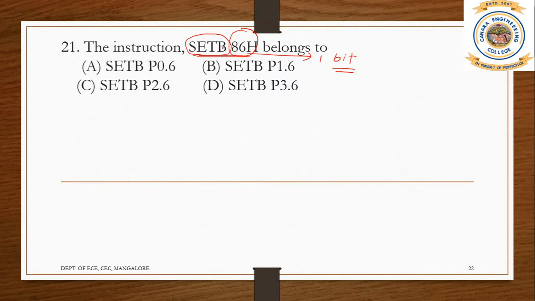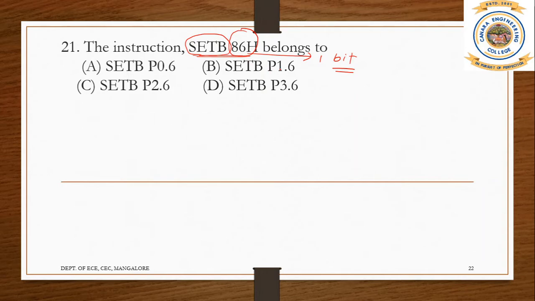Why? Because set bit can set only 1 bit. So it will set this bit, in the sense it will make this content 1. So I should understand that 86H is not my actual 8 bit wide address. It is indicating 1 bit data, or 1 bit address.